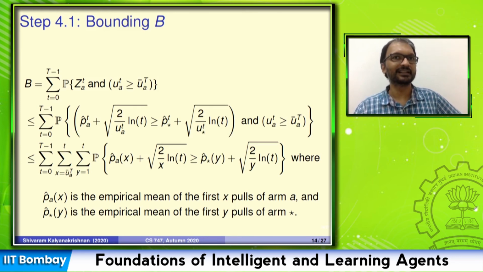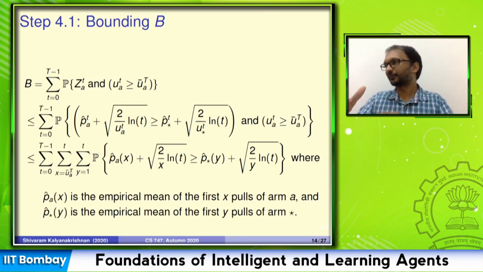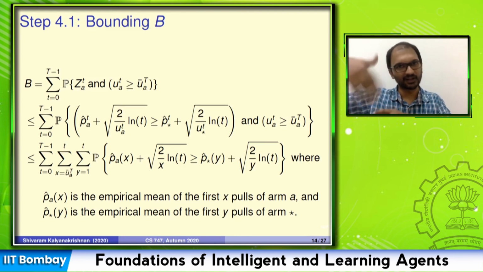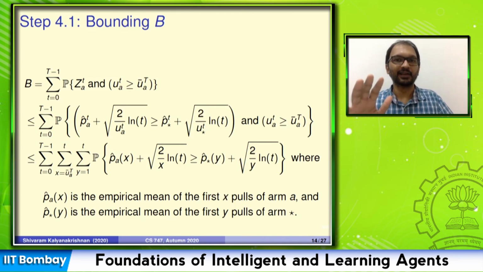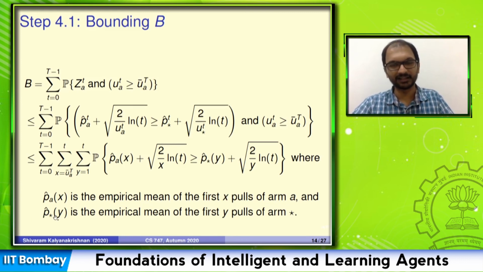But it is still possible to think of these as well defined quantities, because think of an alternative way of running UCB. You take each arm, and you sample it lots and lots of times, maybe an infinite number of times, and keep it. It is these empirical means from those infinite runs that are being calculated as p hat A x and p hat star y.